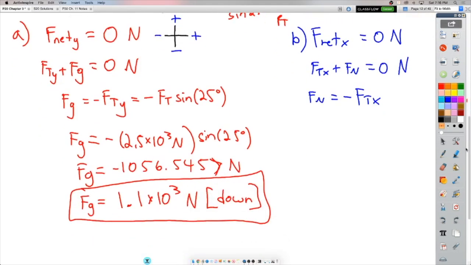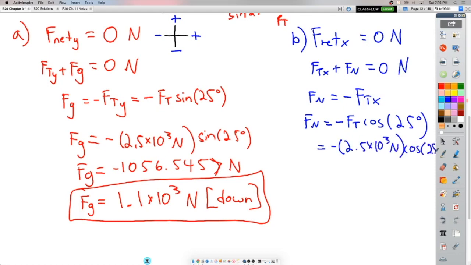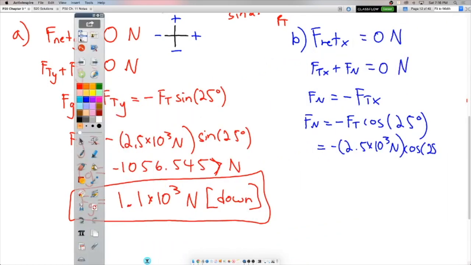So then the normal force equals negative Ft cos of 25 degrees, which equals negative 2.5 times 10 to the 3 newtons times cos of 25 degrees.